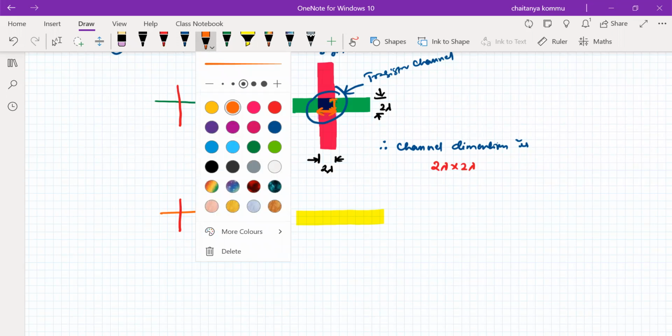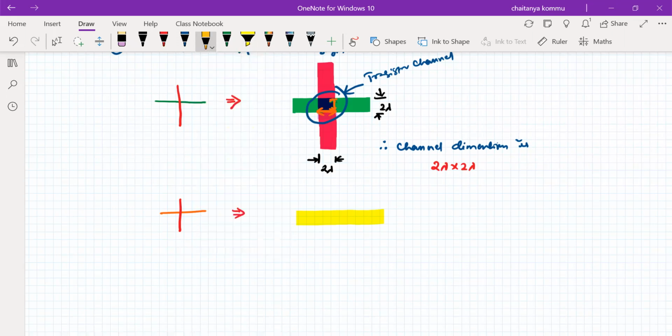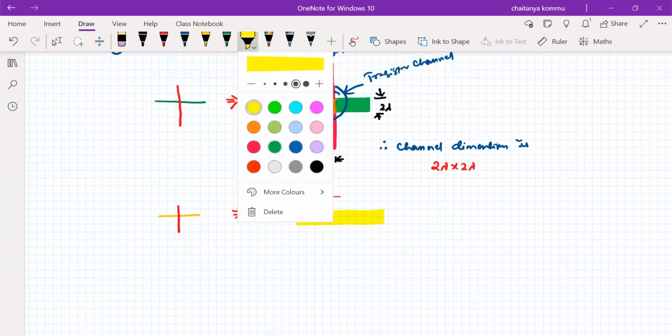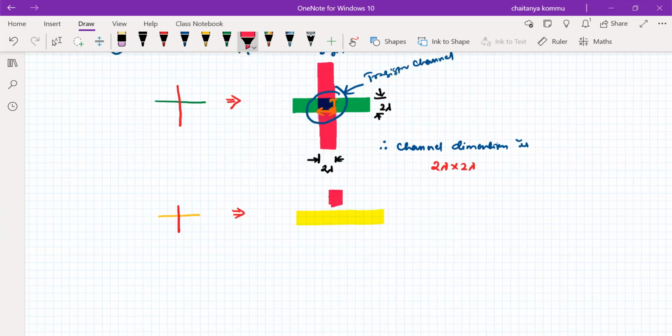So yellow color is not there, I think. So this is a yellow color. Yeah, so this is better. Yellow, red, yellow, and red. So that's it.